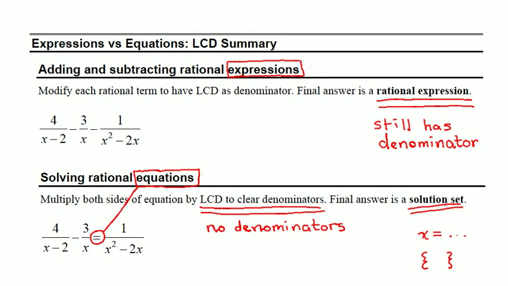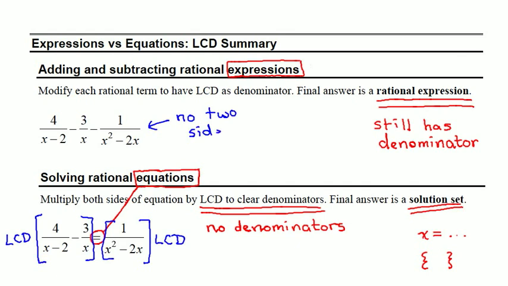I can take this side of the equation and I can take this side of the equation, and as long as I'm multiplying them by the same expression, it's okay to go ahead and just multiply that LCD, and that clears the denominators. There are no two sides of an expression to do that to.